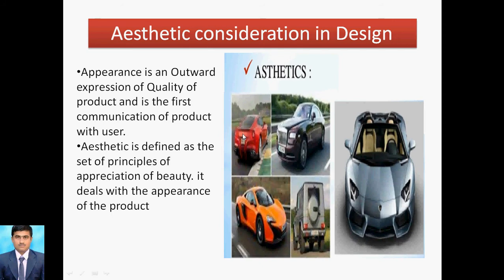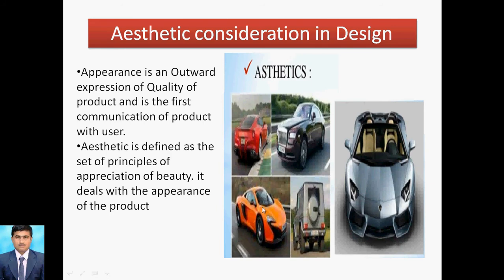It is nothing but a set of principles of appreciation of beauty. It also includes quality, and that quality includes stability, strength, impression, surface finish and surface texture. These are also parameters we can observe here.